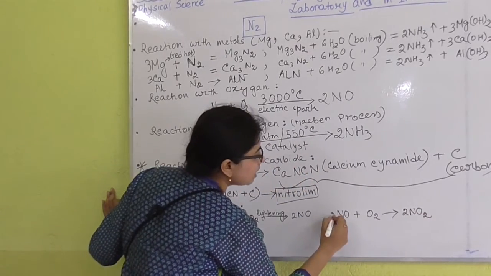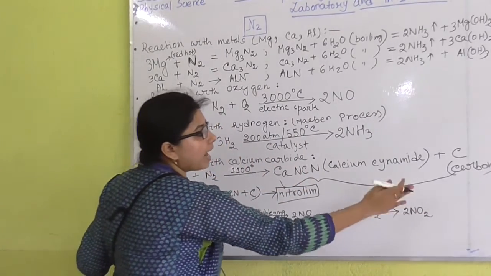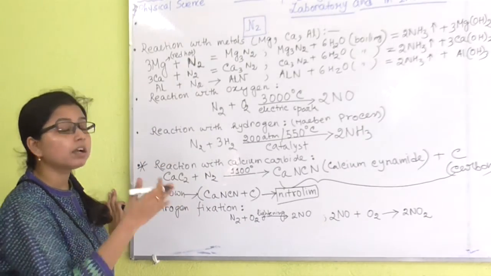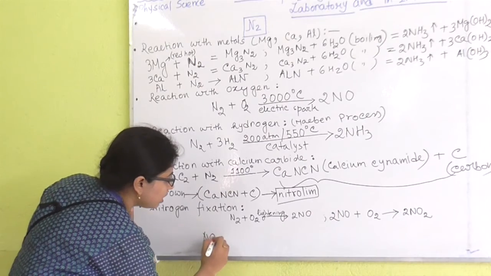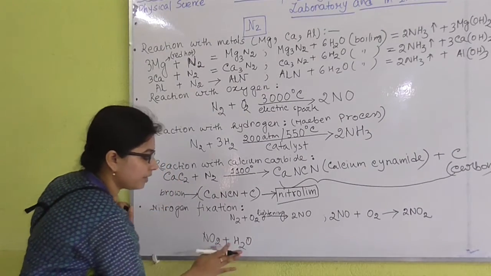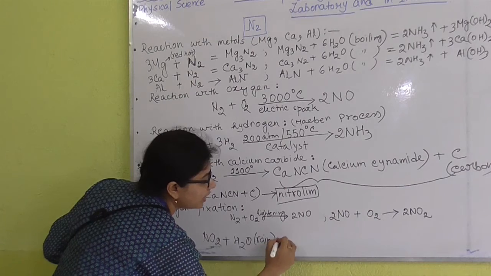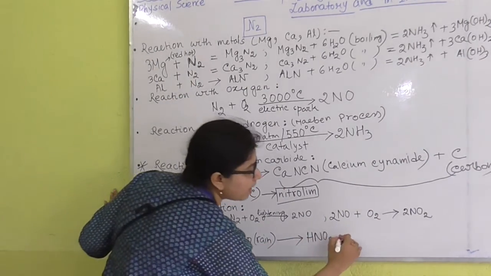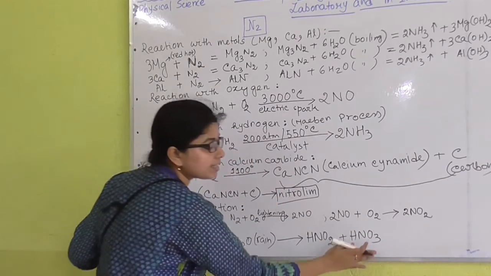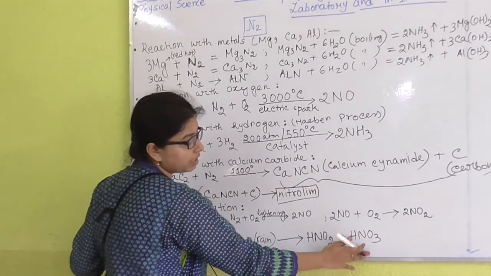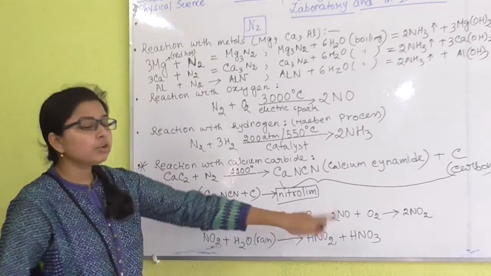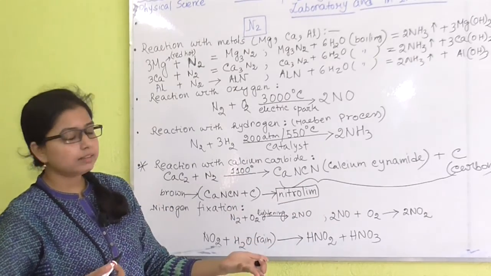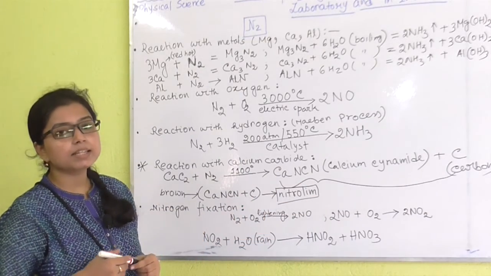Okay, that is NO2. Okay, and this NO2 then will combine with the water, and naturally it combines with the rainwater. So if nitrogen dioxide combines with rainwater, it will form HNO2, that is nitrous acid, plus HNO3, that is nitric acid. HNO2 and HNO3, nitrous acid and nitric acid, both of the acids will generate, and then through the rain it will come to the earth, and there are several bases present in our soil.